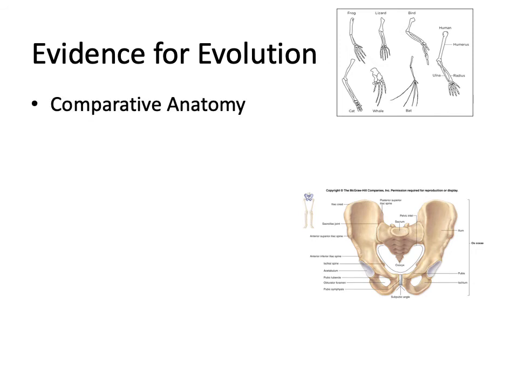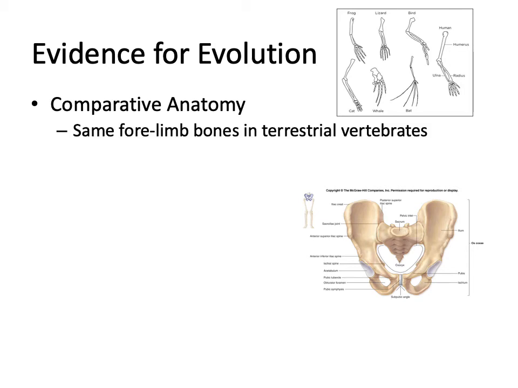Another thing we can do to gather evidence for evolution, how things have changed through time, is to look at comparative anatomy. For example, all land vertebrates and some that used to live on land but have since moved back to oceans, like whales and dolphins, have the same bones in their forelimbs.